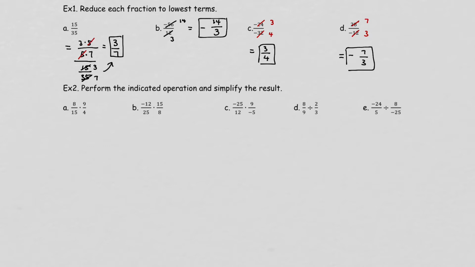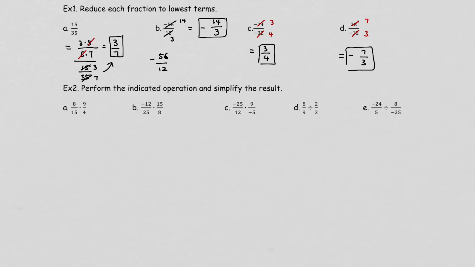Right? If you don't see the common factor, then you can reduce little by little. For example, if you have negative 56 over 12 and you didn't see the 4 in common, then you can use 2, because these being even numbers, you can always start with 2.